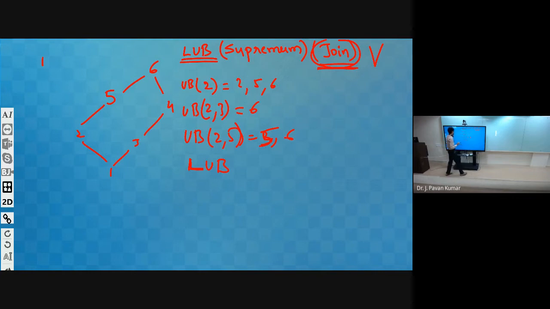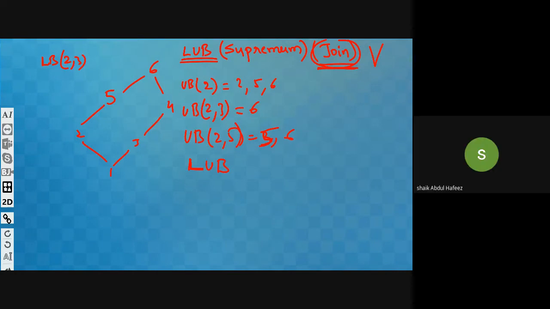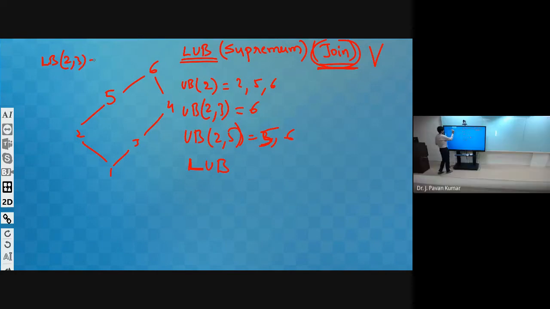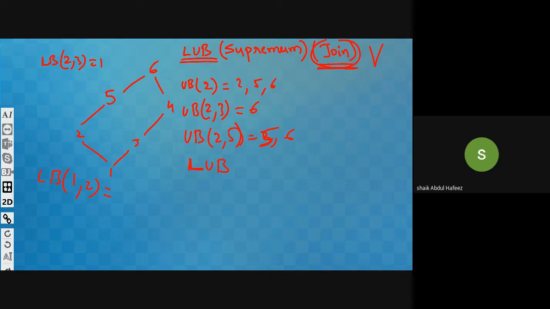Similarly, there exists another one called lower bound, which we have seen earlier. What is the lower bound of 2, 3? 1. Next, lower bound of 1, 2? 1.